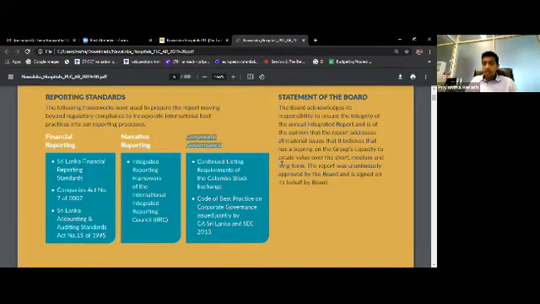So in this act, they say specified business undertaking, right? So specified business undertakings need to comply with this requirement, right?